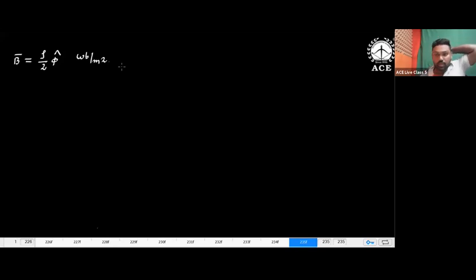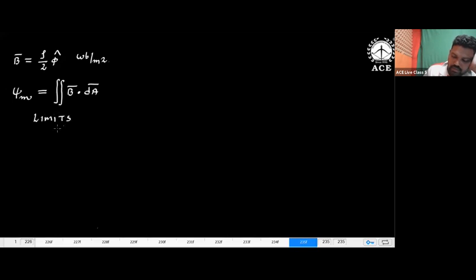So once you have got the flux density, you want to find out the flux. What is the flux psi m? Psi m is equal to the surface integral of B dot dA.